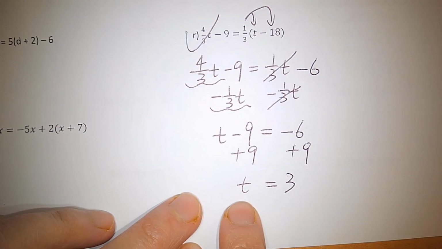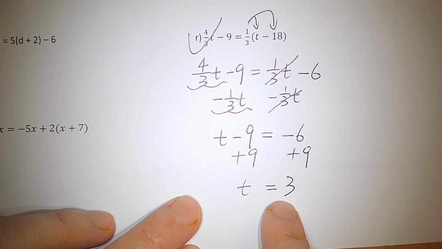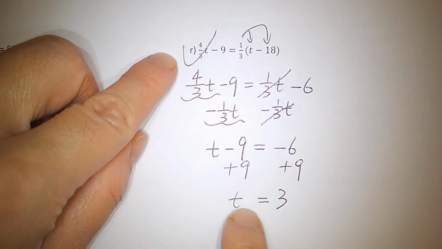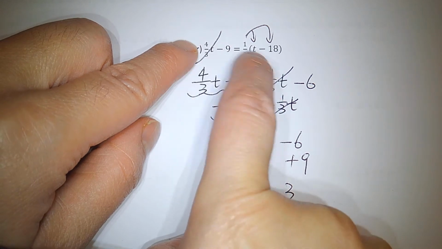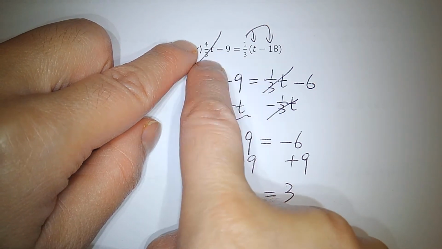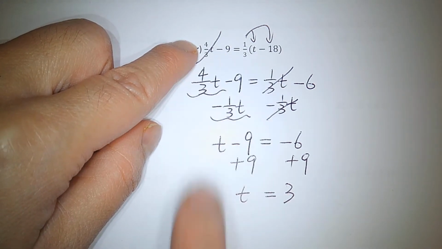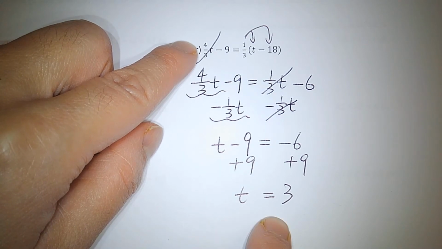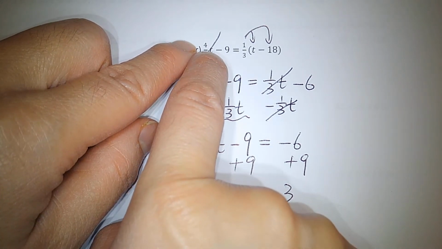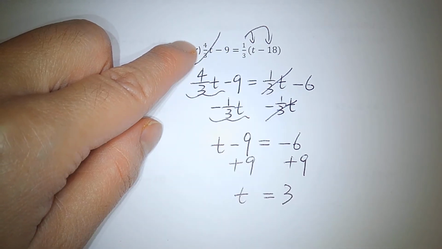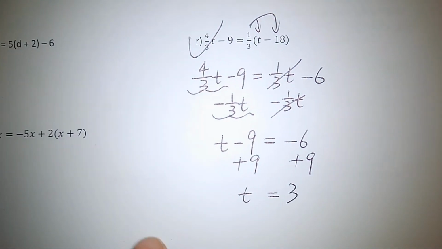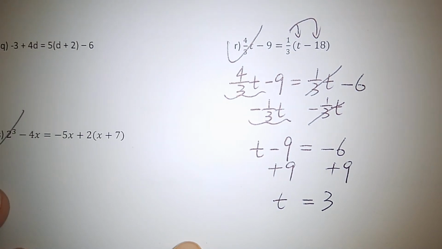You can also check whether t equals 3 is correct by substituting t back into the original equation and seeing whether both sides are satisfied. You can always check. Always check. Here I'm not going to check, but replace this t by 3, and this t by 3, and see whether both sides are satisfied. Alright, so this is question R.